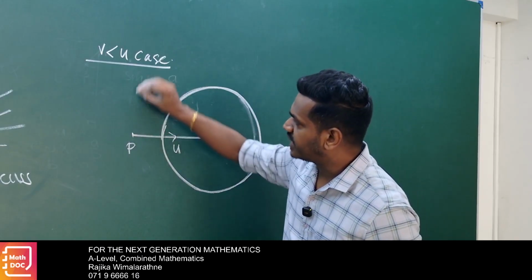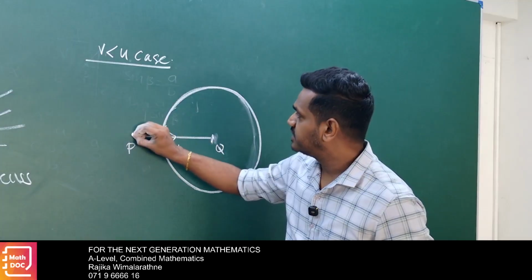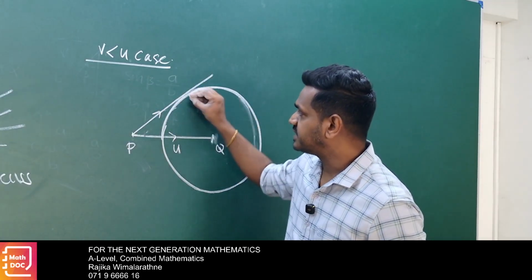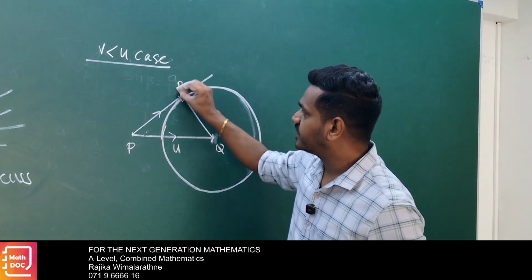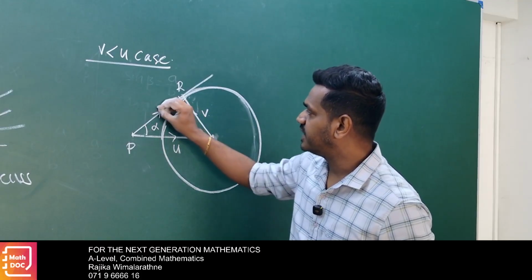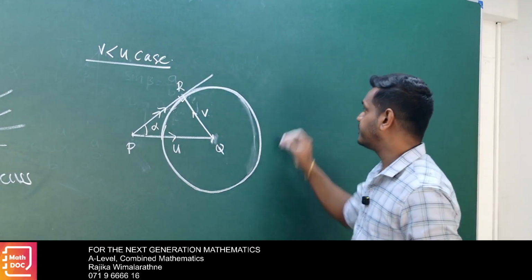So he can't move directly opposite and he can't move upstream. But here, when you consider this tangential path, we can find an R point, no? Take this angle alpha. Here this is V. Then here the resultant velocity.